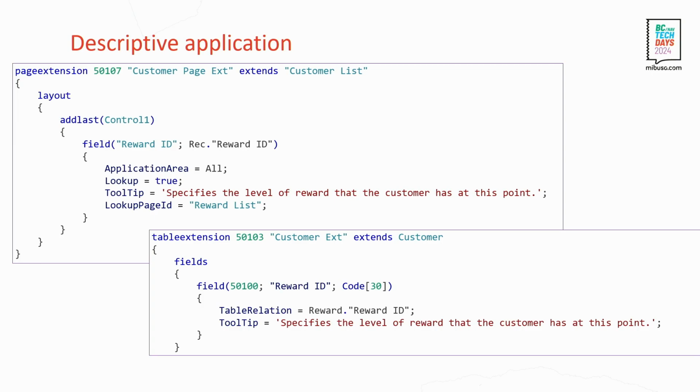So as a developer, it just takes me a bit of extra craft to describe my fields with the tooltips, add them to the proper pages, add them to the list, and then the machinery is aware about the metadata, it's aware about those fields, about those extensions, and now Copilot can really work.